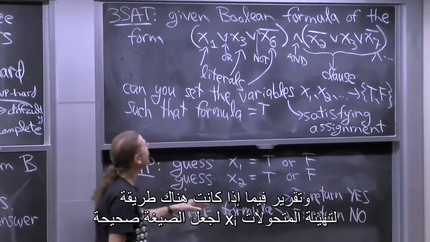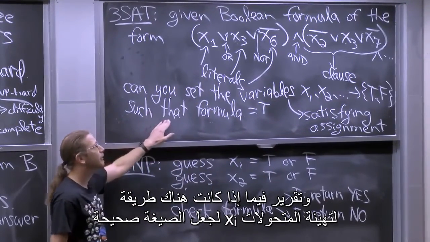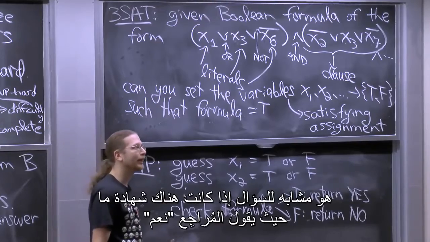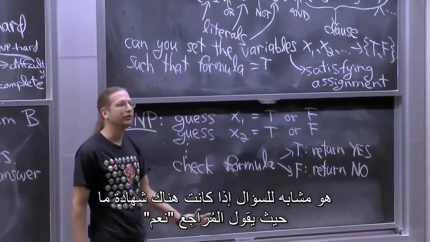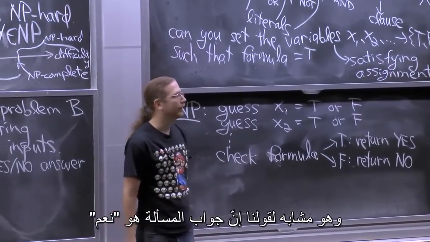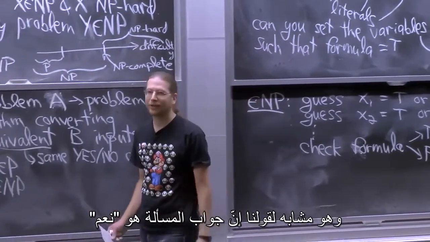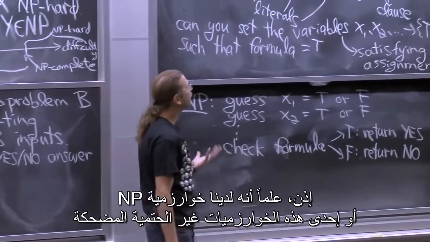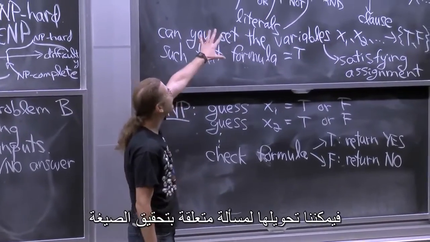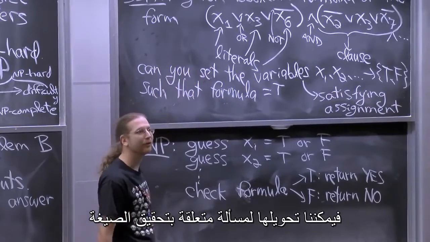And so deciding whether there's some way to set the xi's to make the formula true is the same thing as saying, is there some certificate where the verifier says yes, which is the same thing as saying that the problem has answer yes. Okay, so given an NP algorithm, one of these non-deterministic funny algorithms, we can convert it into a formula satisfaction problem.